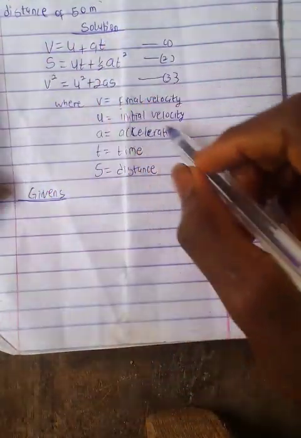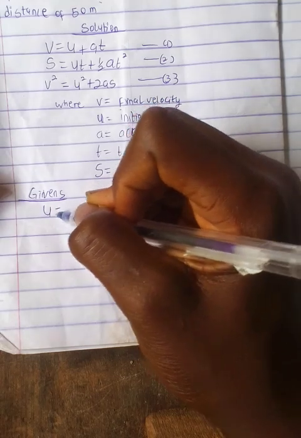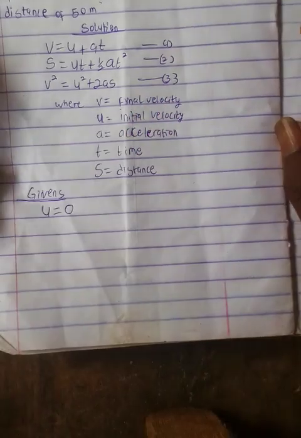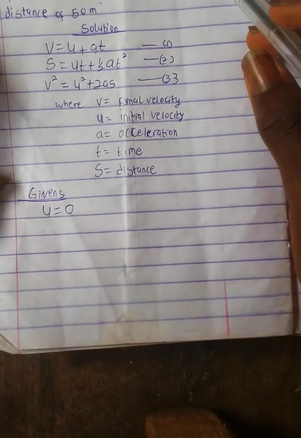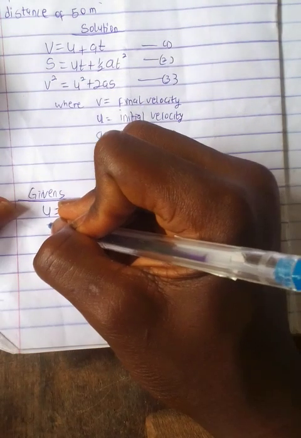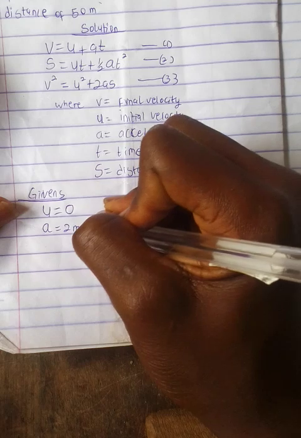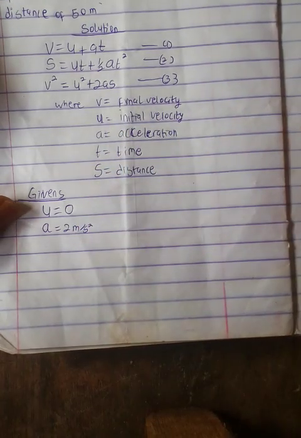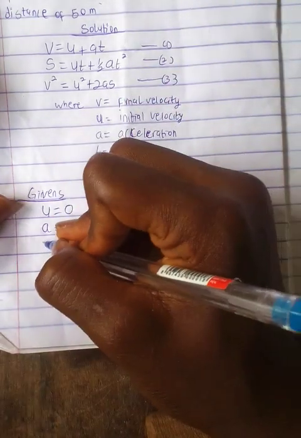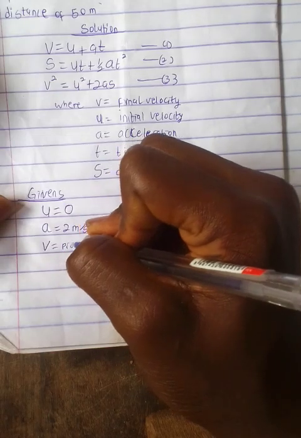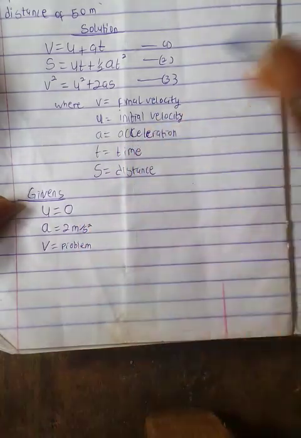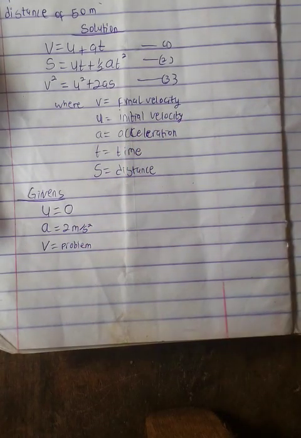So initial velocity, u equals 0. Now, what are we given again? With an acceleration of 2 meters per second squared. Acceleration equals 2 meters per second squared. Find its velocity. Velocity is the problem. You analyze physics when solving, to make it easier.